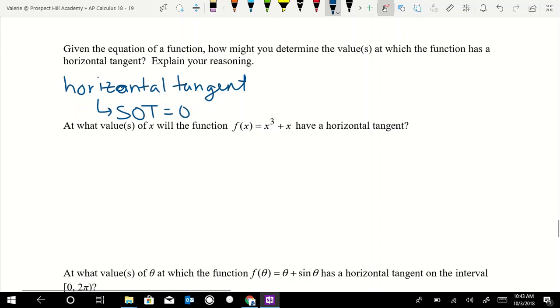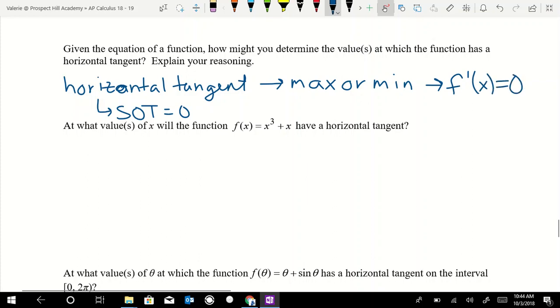Right? So if the slope of the tangent is equal to 0, then you either have a max or a min, because that means that f prime of x equals 0.